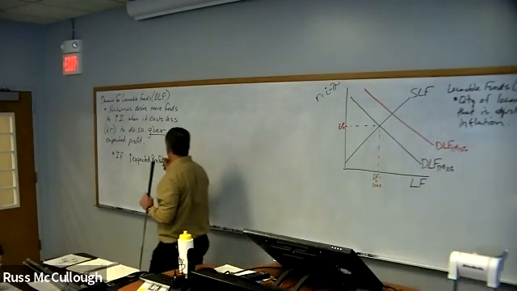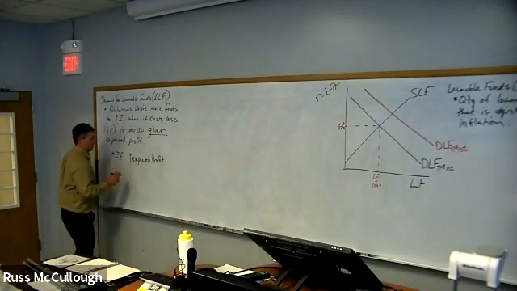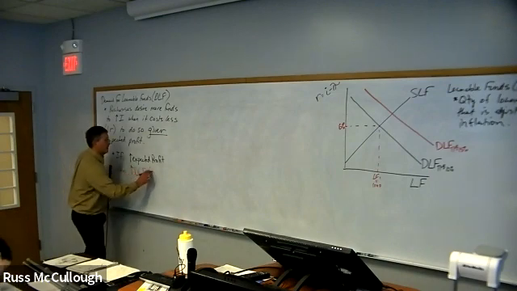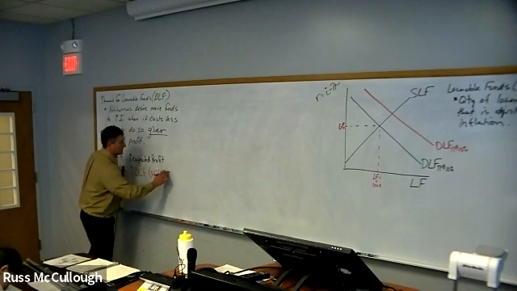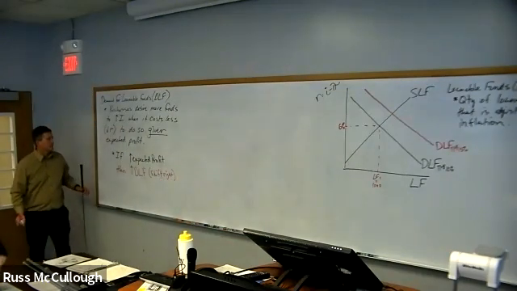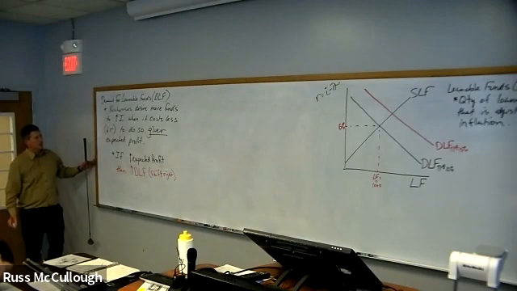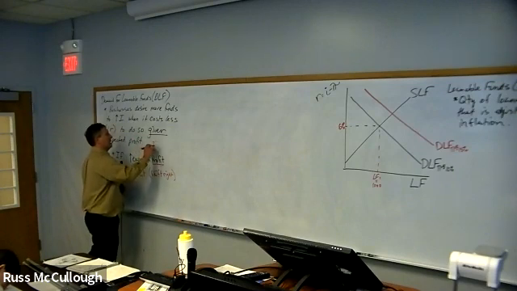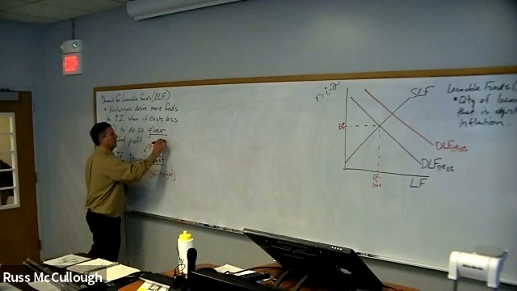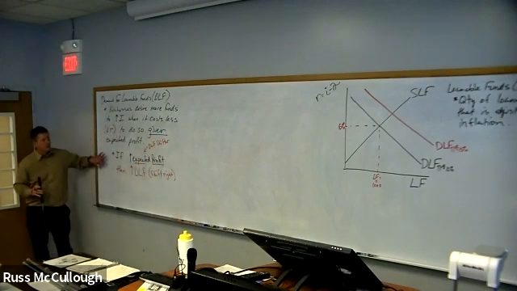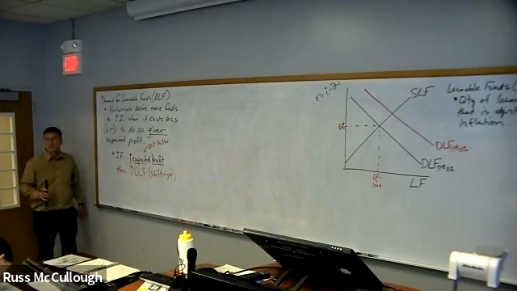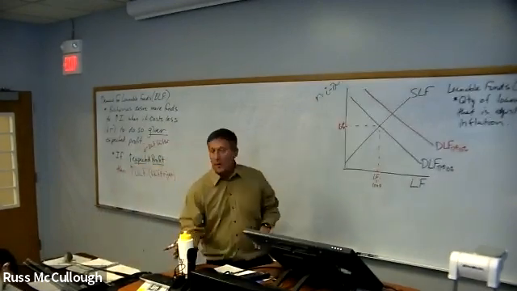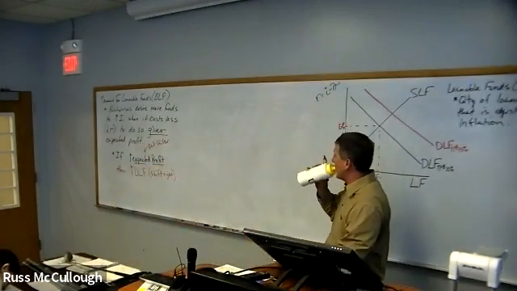So if expected profits increase, then there'll be an increase in the demand for loanable funds, a shift to the right. So expected profit, the same thing we held constant, is a DLF shifter. Expected profits are going to change businesses' behavior in how much they want to borrow at every interest rate.